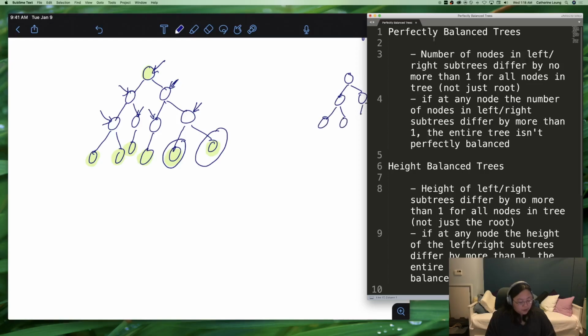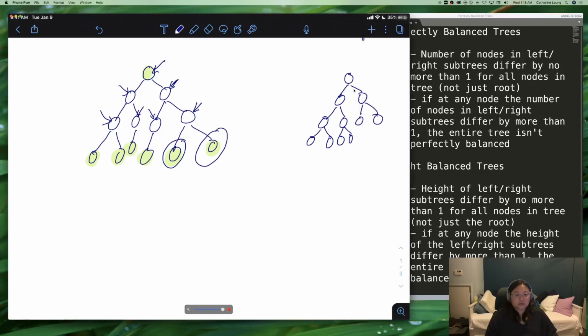This is something we learned about when we talked about heaps. We know that complete binary search trees have really good runtimes because the distance from the root to any leaf is no more than log n. That is really good because we don't have to travel very far to get to any node.